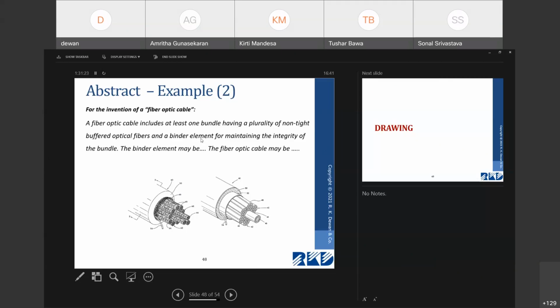So here we have cited the technical problem. We have also said what is the solution. I have a plurality of optical fibers, but I want to maintain the integrity of it. So what am I doing? I'm adding a binder element to it. And then of course you can say which can be the types of binder.